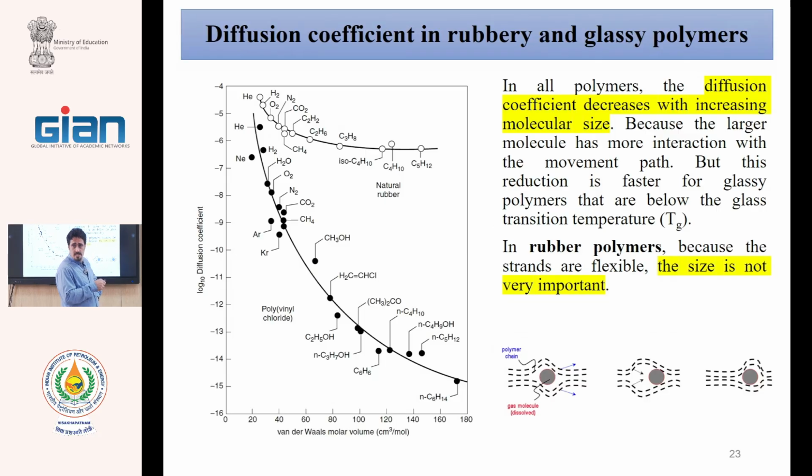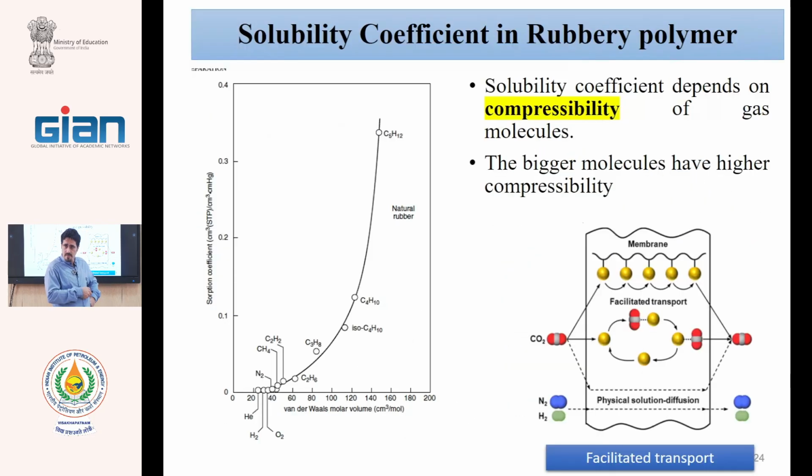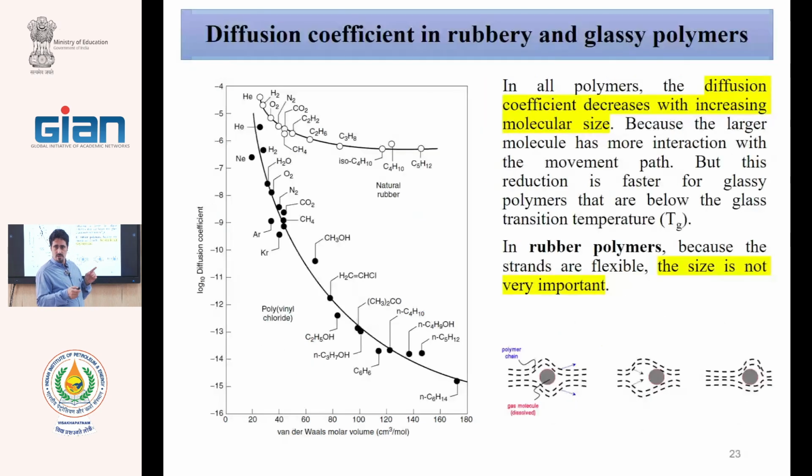Diffusion coefficient, you see in this axis, we have diffusion, and in the next slide, we have the sorption coefficient. We have 2 different coefficients, and this diagram discusses diffusion, not permeability, only diffusion, not solubility.